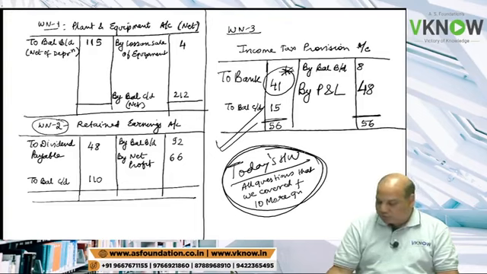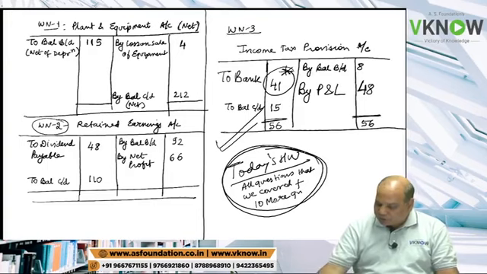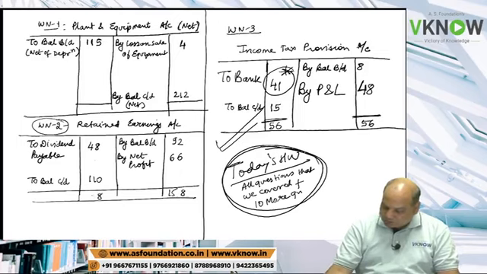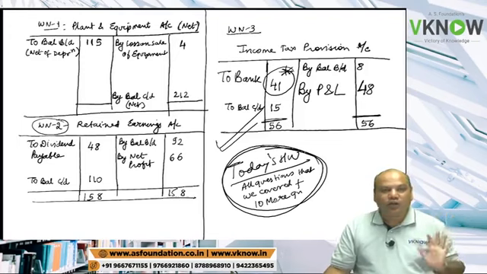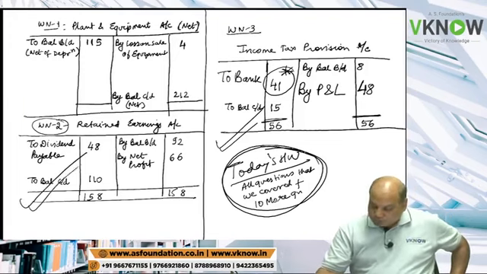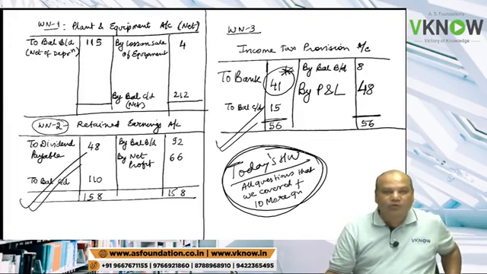Now I find that my retained earning account has also tallied on its own. So tick mark. This account has also tallied.